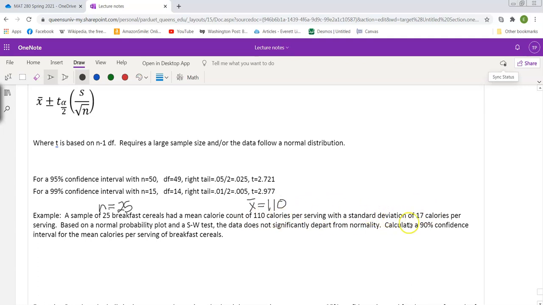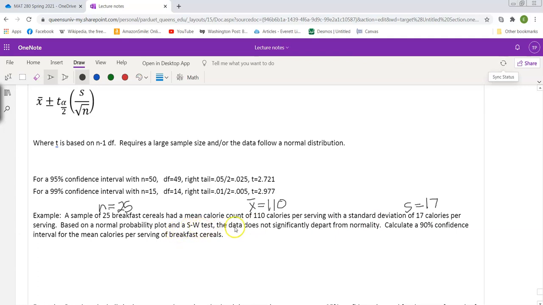And by the way, how do you know that this standard deviation is S and not sigma? Well, this 17 calories per serving is described as coming from this sample of 25, so you kind of have to read the sentence a little bit. So this is S equals 17.